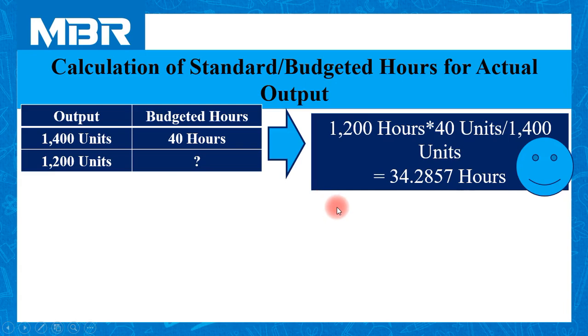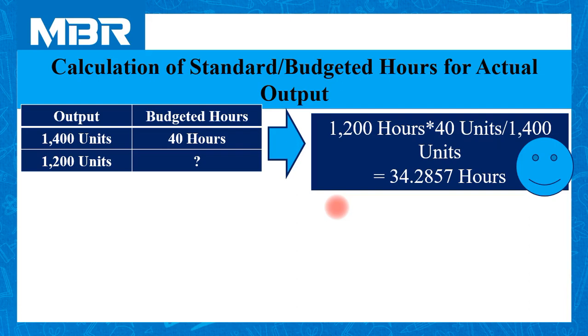In order to get the perfect answer, it is necessary for you to consider as many numbers as possible. Again, I would like to recall that in addition to the budgeted hours for actual output, we used to calculate budgeted days for actual output. But for this question, it is not possible as information related to days is not given.